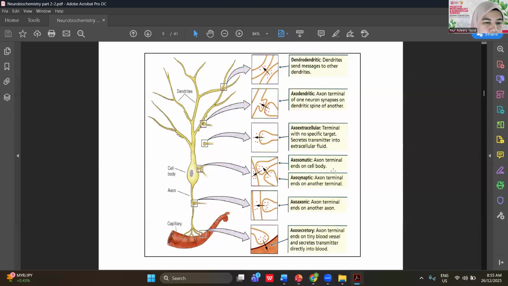How about axosynaptic? The axon terminal synapses on another terminal, influencing its activity. We have axonic, where the axon terminal synapses on another axon. For axosecretory, the axon terminal connects to a blood vessel, releasing neurotransmitter directly into the bloodstream.